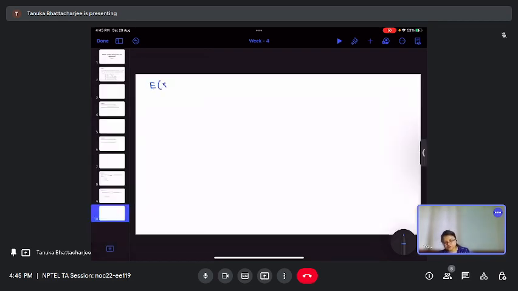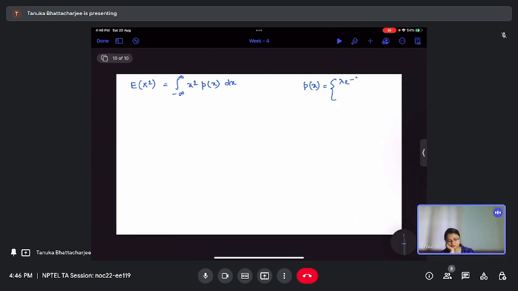Expectation of x square will be equal to, again, integration from minus infinity to infinity of x square p(x) dx. And the expression, let me write it down on this page. p(x) is lambda e to the power minus lambda x if x is greater than or equal to 0, and 0 otherwise.